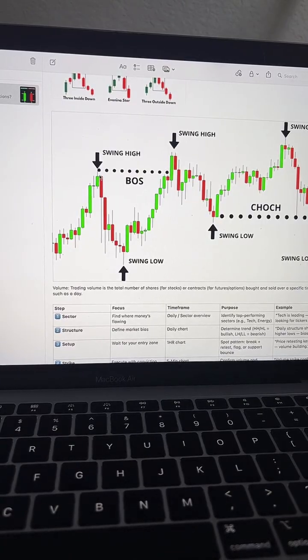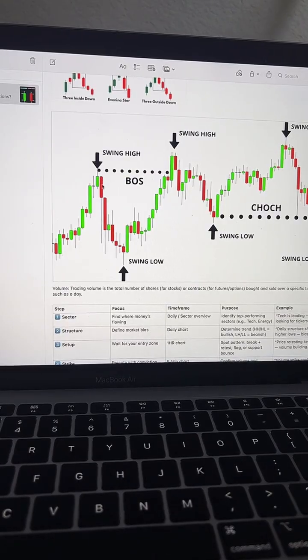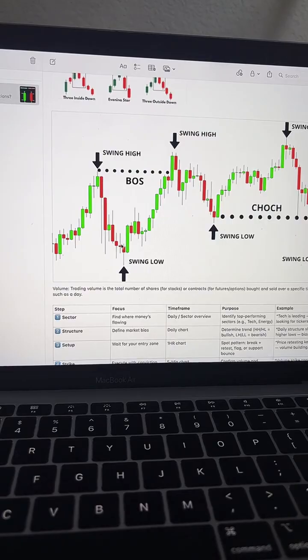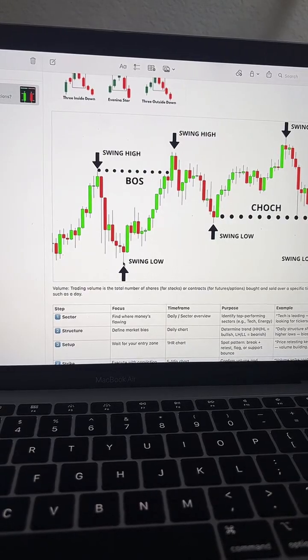Same thing from this swing high. It could suggest that buyers are exhausted and sellers are stepping in. So sellers came from this uptrend, buyers, buyers, buyers, buyers. We have this swing high, buyers are kind of tired, so sellers step in and start pushing the price, selling, selling, selling. Then we have a swing low created.